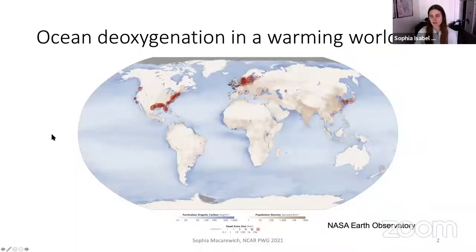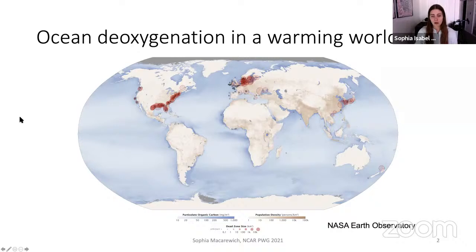Ocean deoxygenation is already an increasing problem today. Marine ecosystems are being strained by the loss of dissolved oxygen in the ocean. This problem is expected to get worse as warming decreases the solubility of oxygen in the ocean.